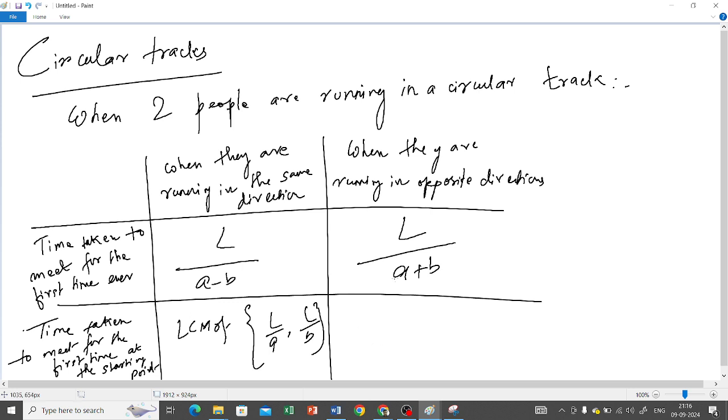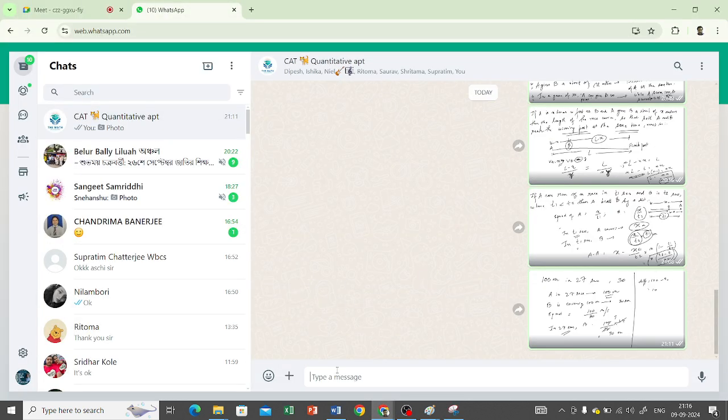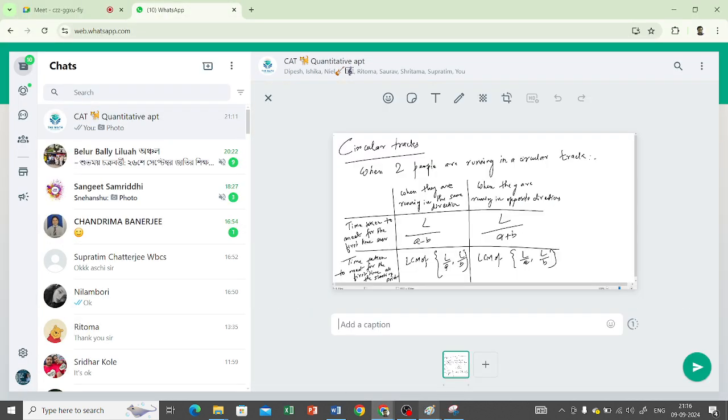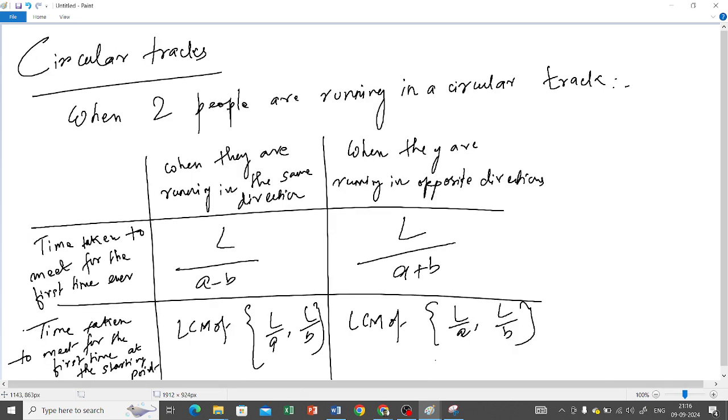So this is the LCM of L by A and L by B. And this is going to be the LCM of the same L by A and L by B. So whether they are running in opposite direction or in the same direction, the time is going to remain constant for them to meet at the starting point. Okay?